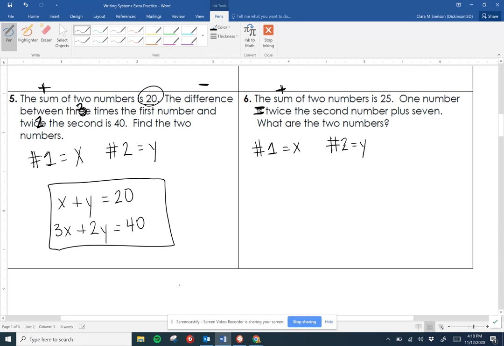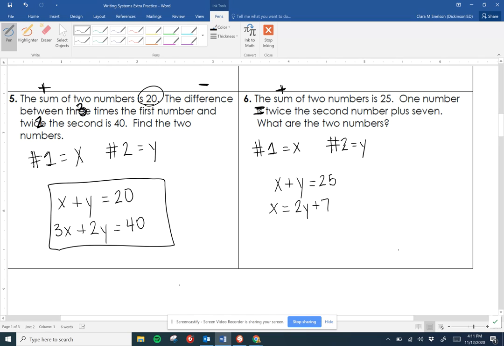The sum, x plus y, is going to be 25. And then one number, so x, remember, "is" means equal. So x equals 2 times the second number, so 2y plus 7.